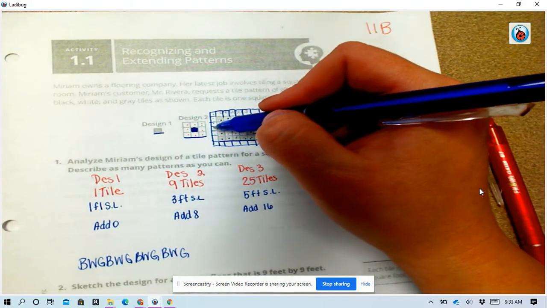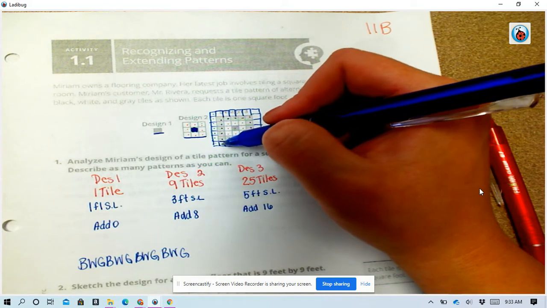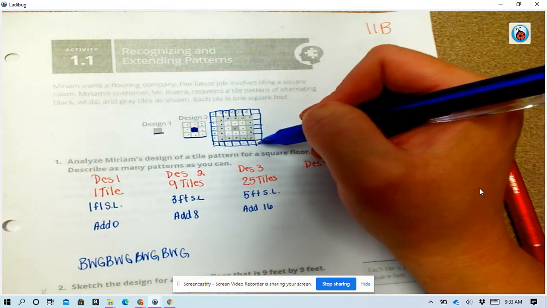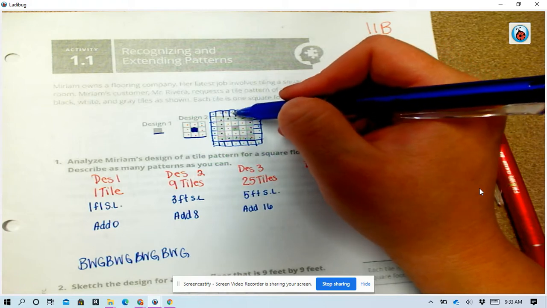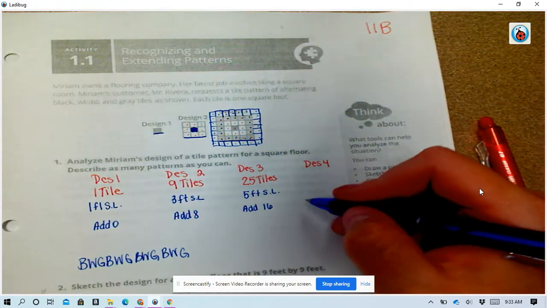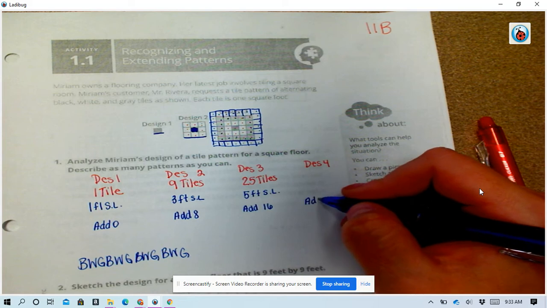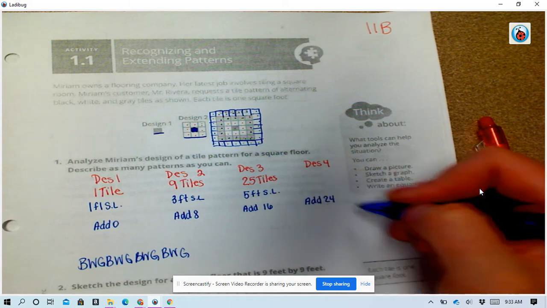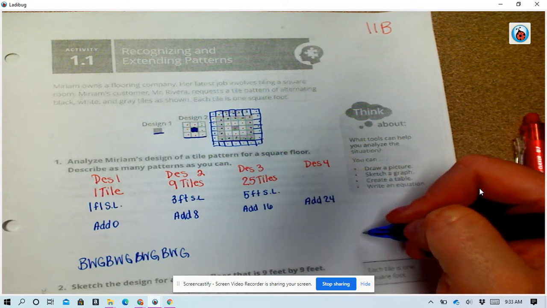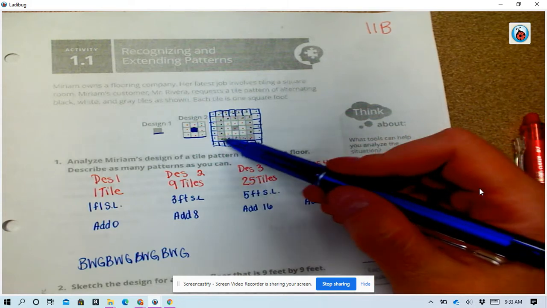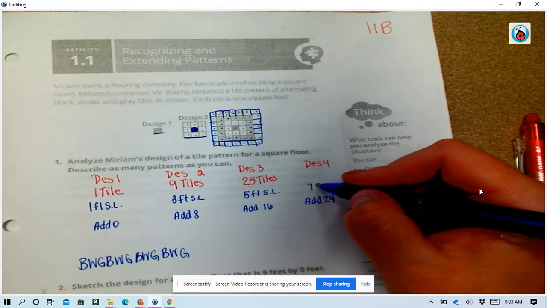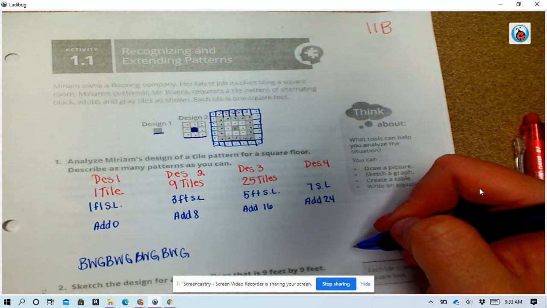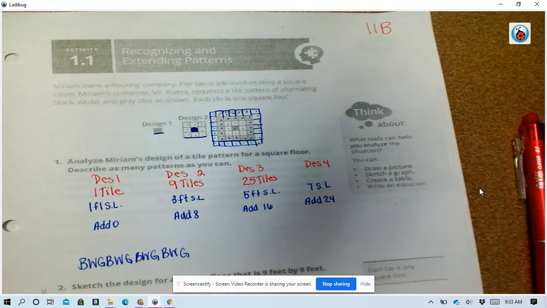We added 24 tiles. Side length, 7. And how many total tiles?